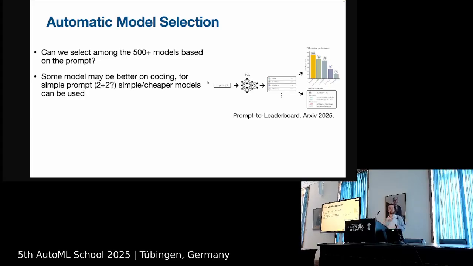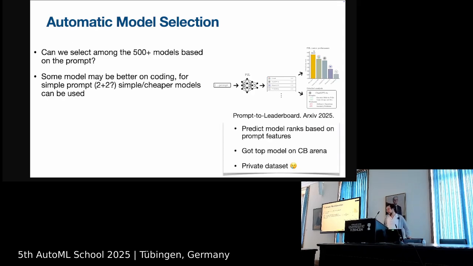Then for every prompt they can, for instance, pick the top from the recommendation, or pick the top given a budget, and they show that they could get the best model, although it's from the authors of Chatbot Arena, so they use all the data from Chatbot Arena. It's not available, so that's again a limitation, but it's still interesting. And they claim that you could get the top model in Chatbot Arena doing this routing.